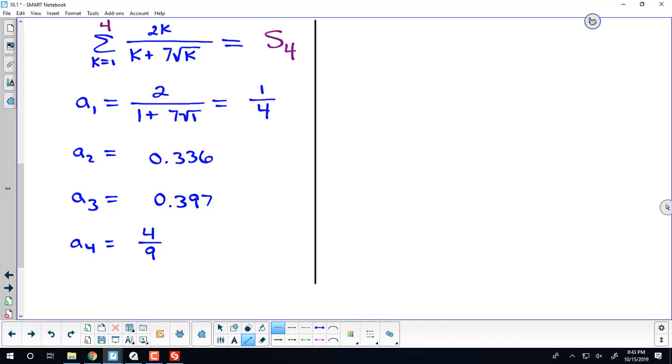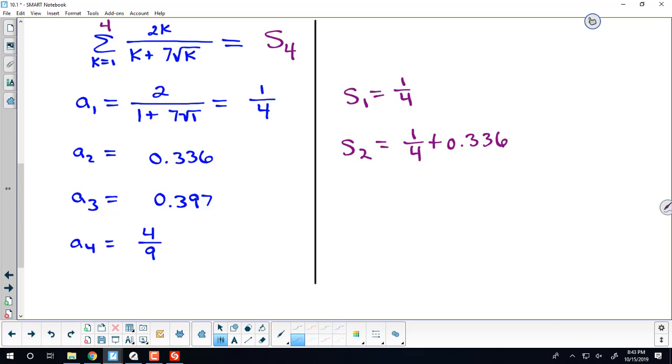Okay, so we have the first 4 terms, then we can get the first 4 partial sums. Again, the first partial sum is the first term. The second partial sum would be what? The second and first. Yeah. We have the first term plus the second term, which gives us 0.5861.